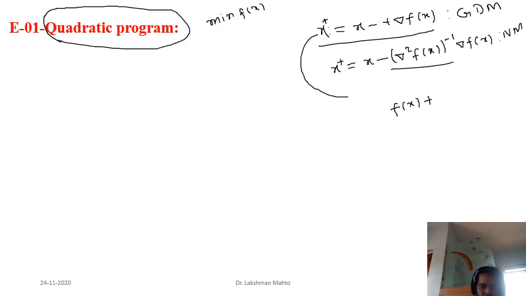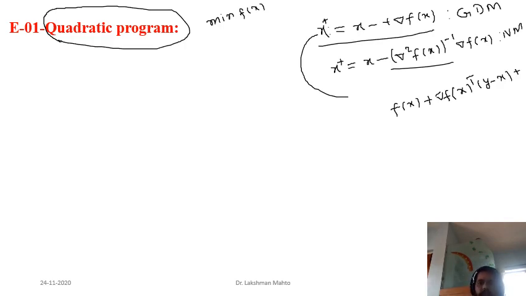Simply I won't write f1 f2, otherwise there would be confusion. Gradient of f at point x transpose y minus x, where y is a neighboring point in the neighborhood of x, plus the quadratic term.